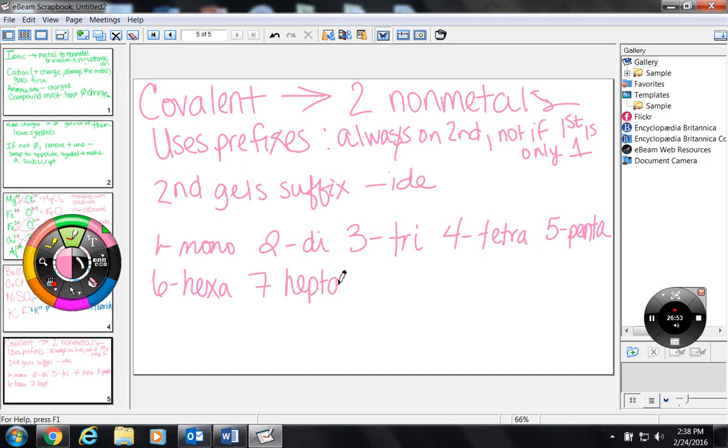You don't have oxidation numbers here. 8 is octa. 9 is nona. 10 is deca. You can put these prefixes on your equation sheet if you would like. Alright, I'm going to pause for a second.